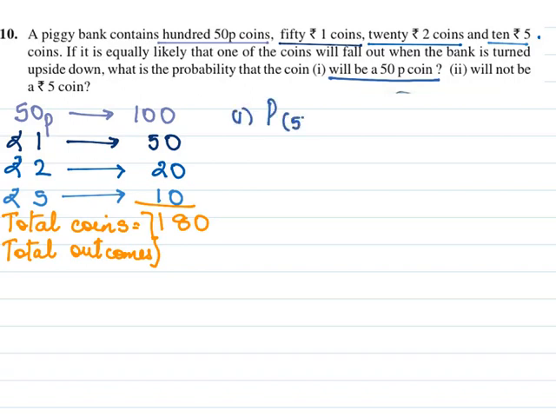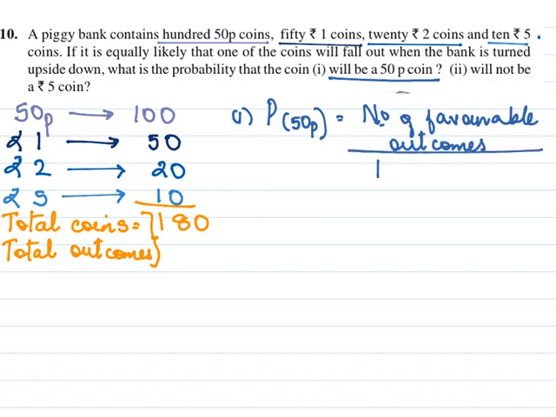So first, the probability of a 50 paise coin will be the number of favorable outcomes over total outcomes.